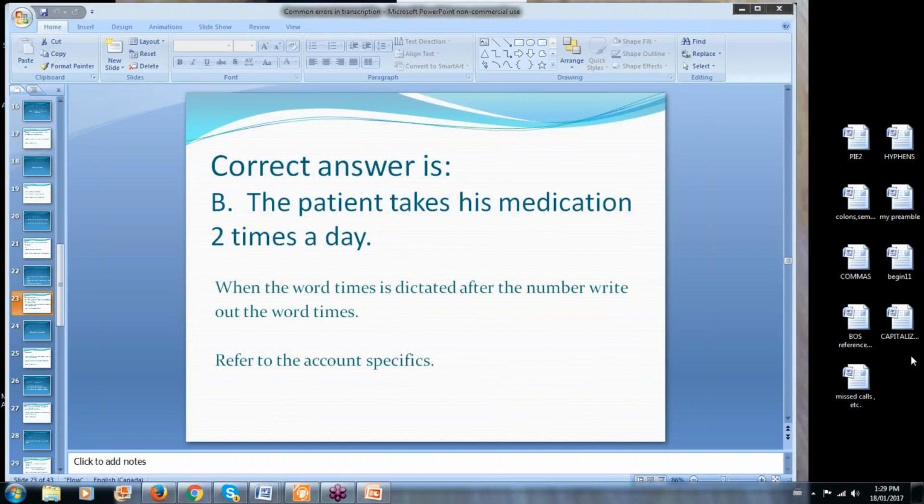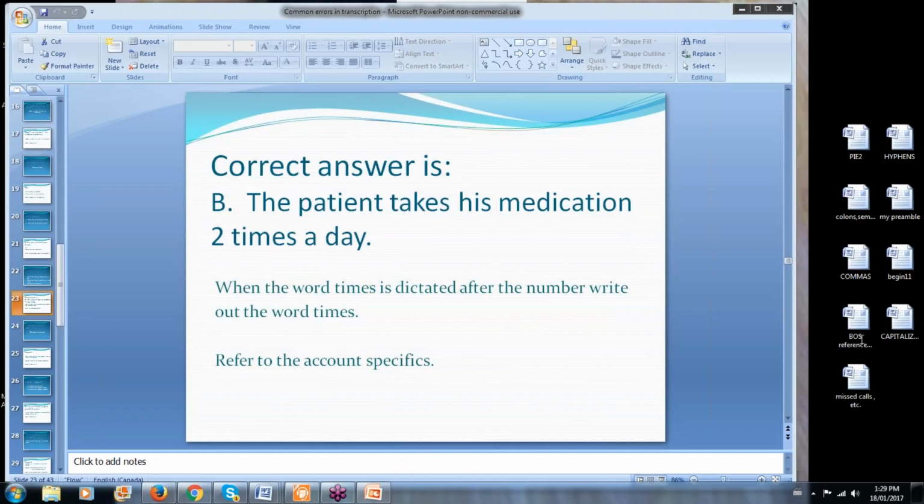Okay, correct and incorrect, and abbreviation, that there's no space. No. Erica, would it be X2 or 2X? No, it has to be X2. Never type 2X.